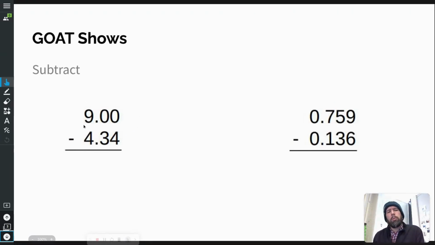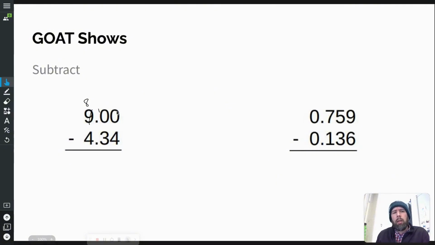All right. Subtract 9.00, so that's just regular old 9, minus 4 and 34 hundredths. Now, 0 minus 4 can't do it. So we borrow from 0, which we can't do. So we go over to the left one more time and borrow from you. So you become an 8, you become a 10.